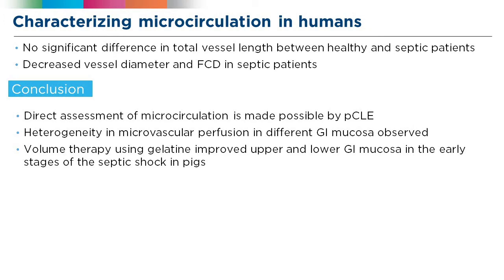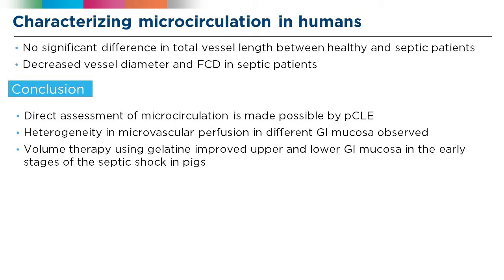Regarding the characterization of the microcirculation in humans, they observed that there was no significant difference in the total vessel length between healthy and septic patients, but they observed a decreased vessel diameter and decreased functional capillary density in septic patients.